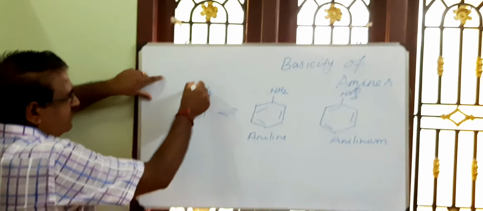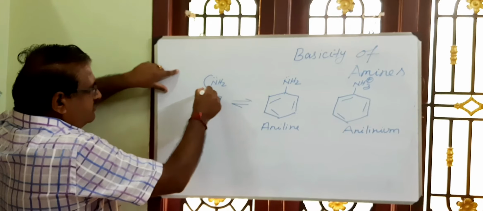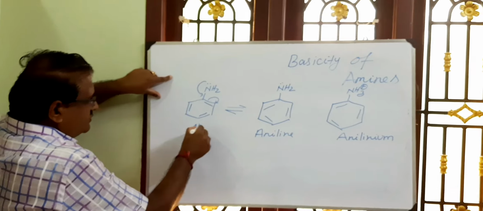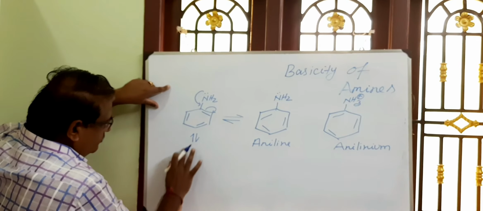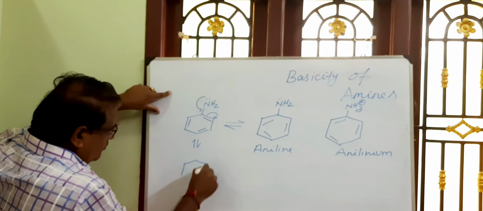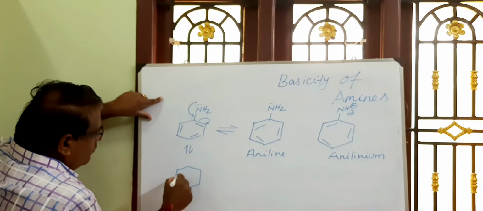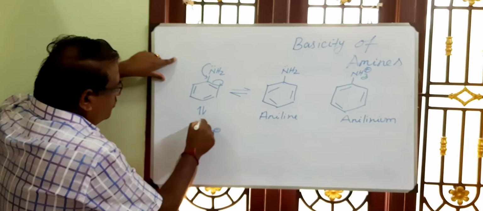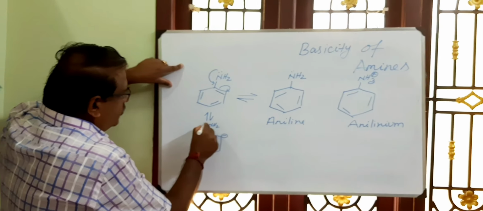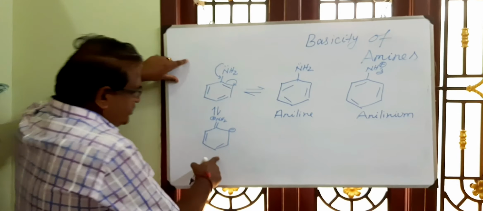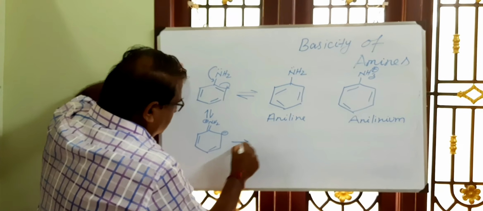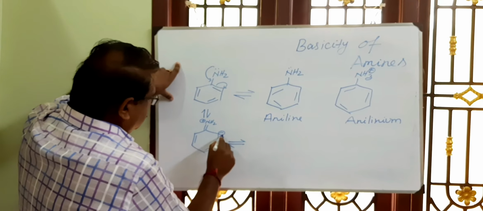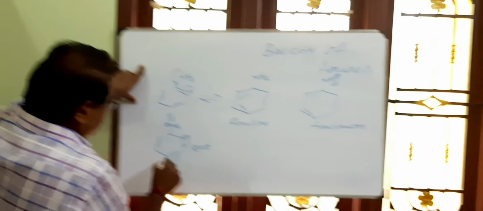Now the lone pair of electrons may be shifted over here, so that this will be shifted here. Now this can be in resonance with this structure. This is going to be minus, and this is going to be a double bond NH2, and this is going to be plus. Now this structure will be in resonance with the structure I am going to draw over here. So this moves here and this moves on here.